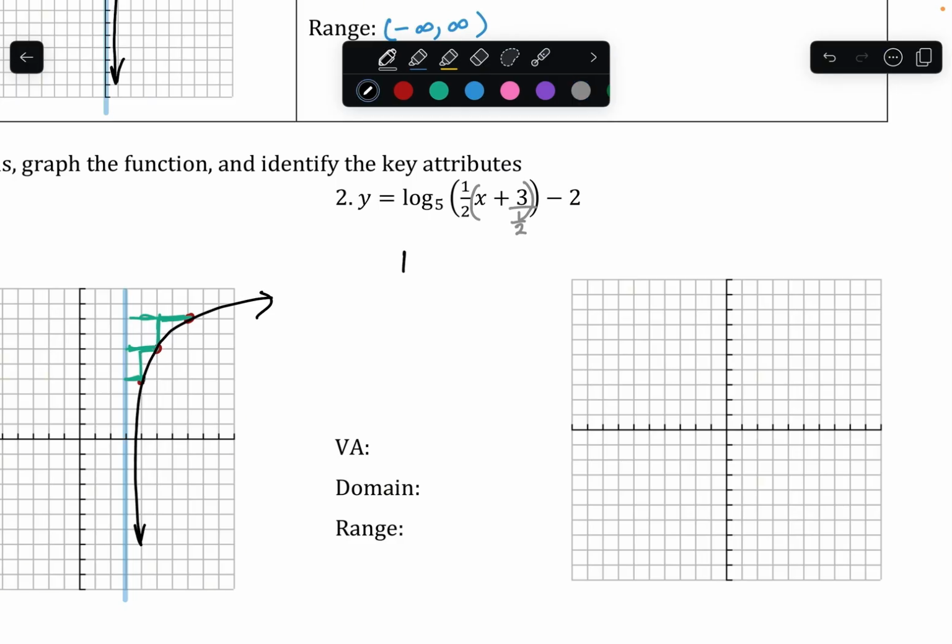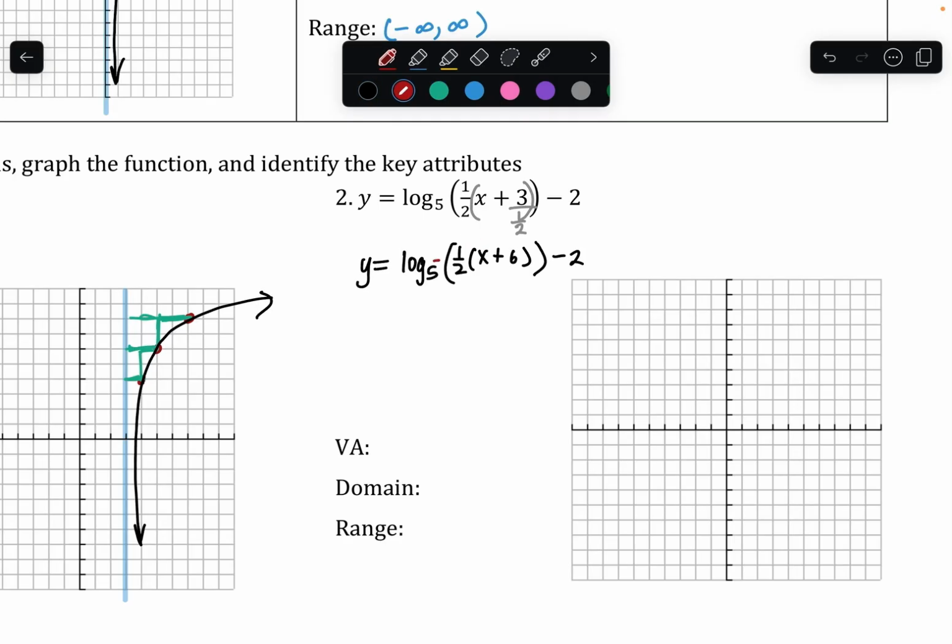Okay, and so when I rewrite this in proper form, I'm going to have the 1/2 and then a second set of parentheses, x plus 6. 3 divided by 1/2 is 6. And then you can picture, if I were to distribute the 1/2 back into those parentheses, I would get 1/2 x plus 3 again.